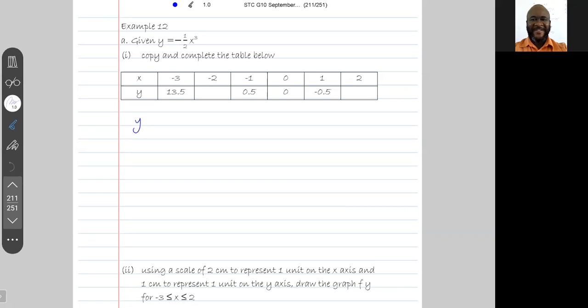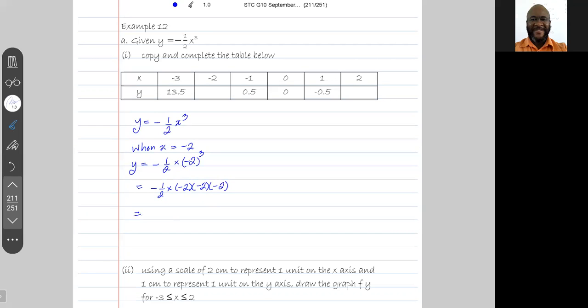The equation is y is equal to -1/2 x cubed. So when x is equal to -2, y is equal to -1/2 times -2 cubed. This is -1/2 times -2 times -2 times -2.